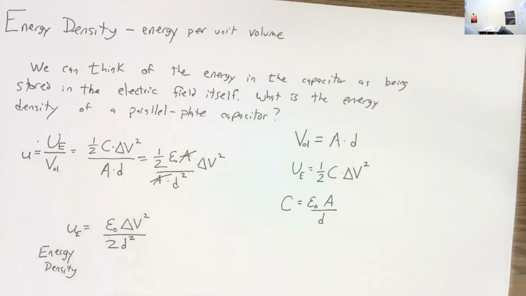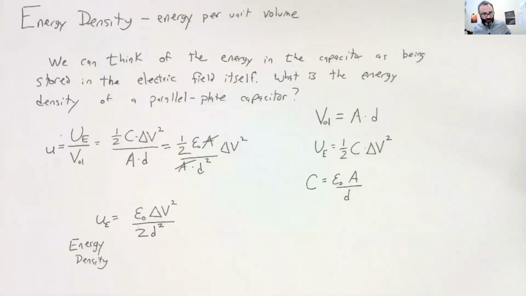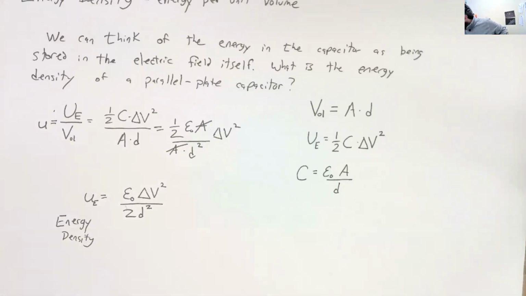So here's what we can do, because there's a better expression. When we came up with this, I was thinking this isn't the best way to write this for energy density. But we can make this even simpler if we write it in terms of the electric field.